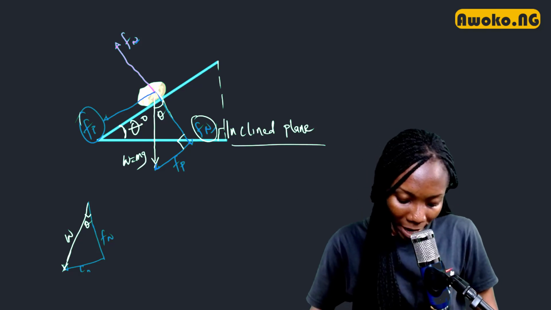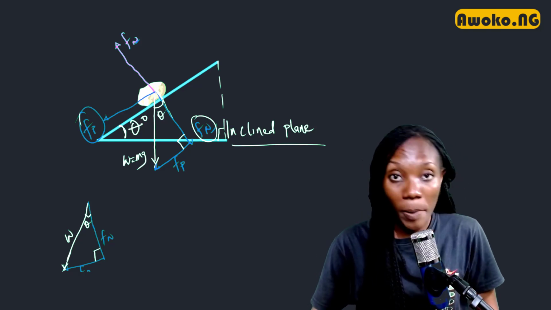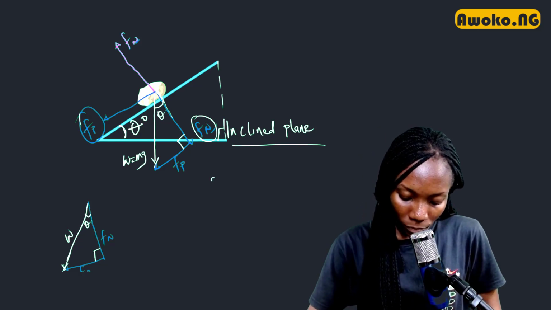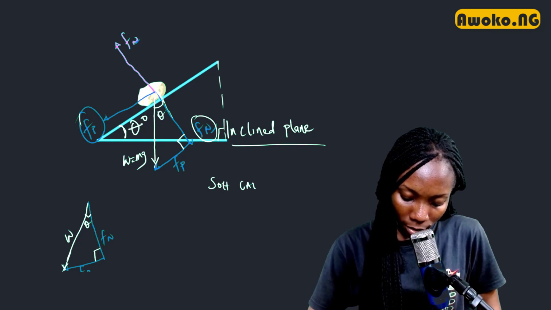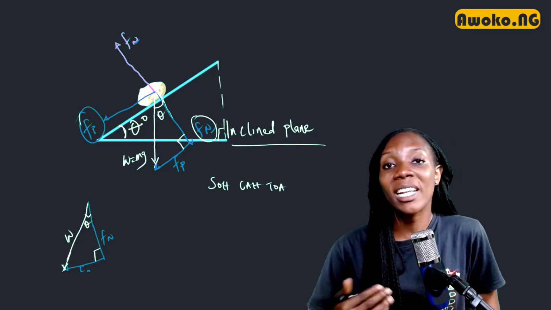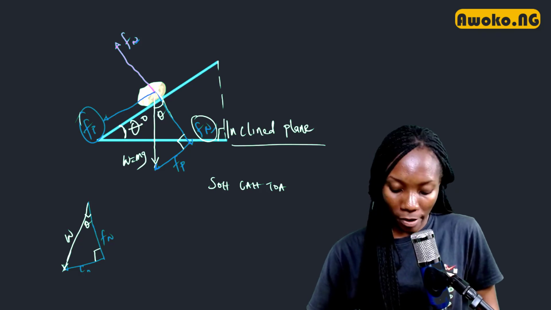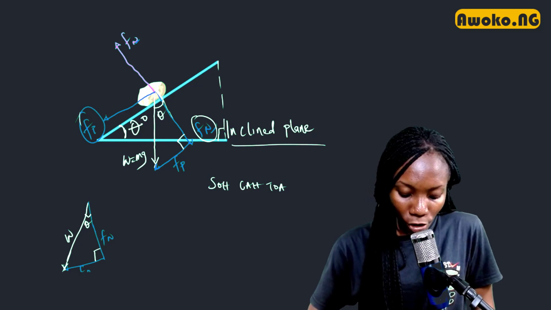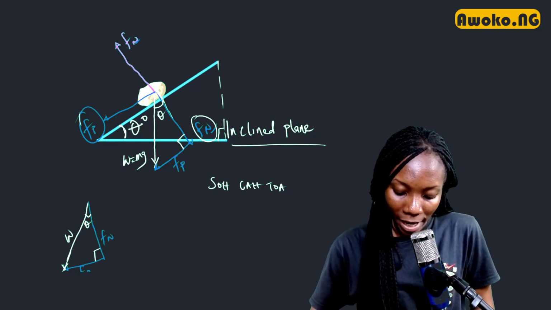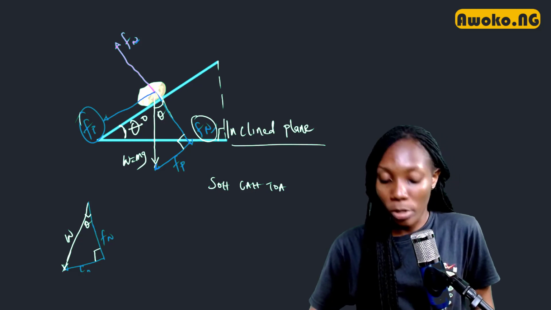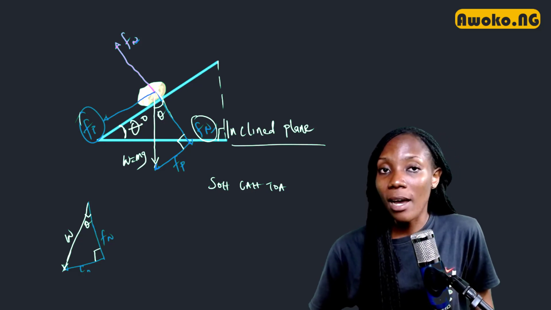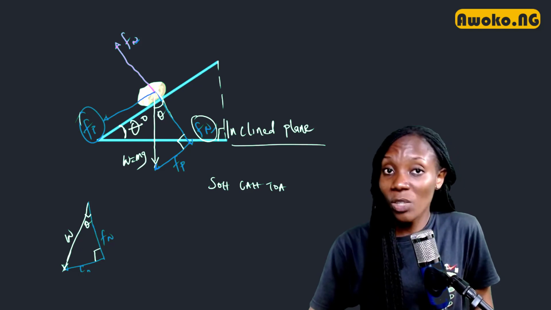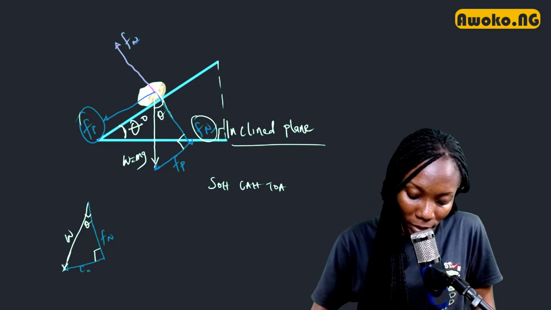Easy. Do you remember this is angle 90? Now, from our knowledge of SOHCAHTOA, we can easily get the angle theta. To get our angle theta, we can use sine. Let us see if we use sine, if it's going to give us what we want. Our opposite, that is where the angle is facing, becomes FP.